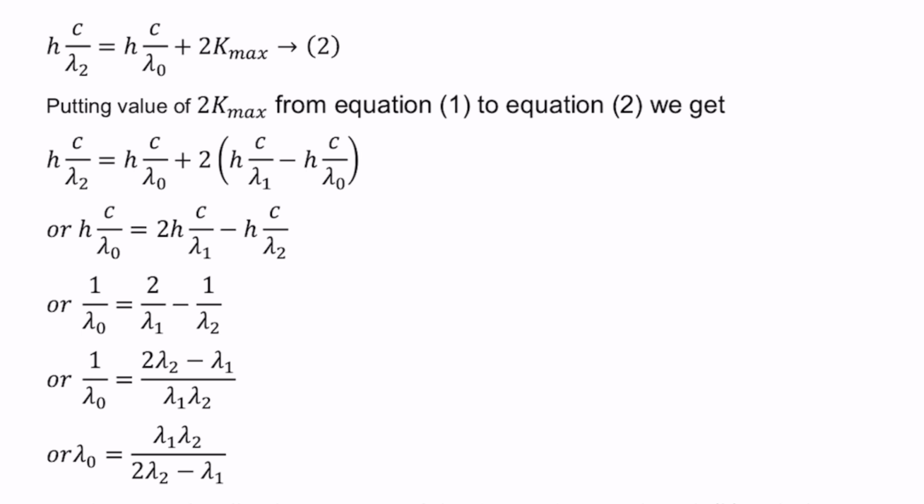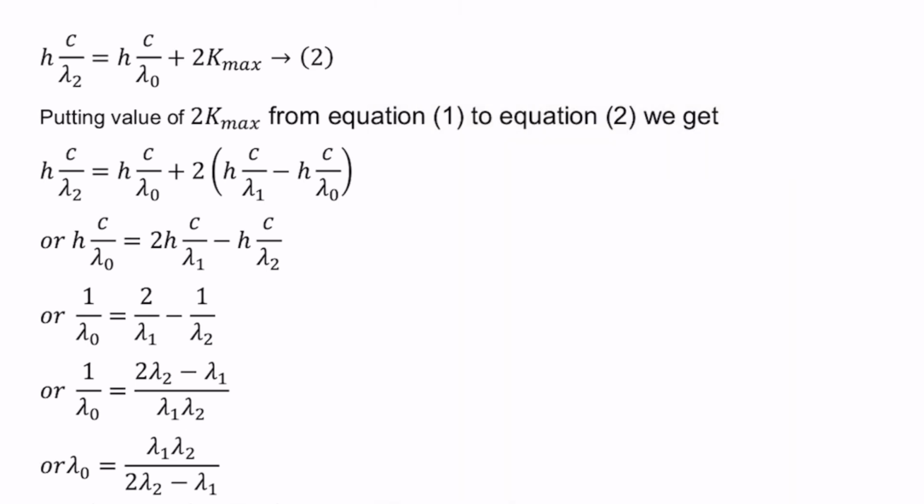For h nu 0, nu 0 is the threshold frequency, it is c by lambda 0. We have replaced nu by c by lambda and nu 0 by c by lambda 0, plus k max. K max is the kinetic energy, half m v square.